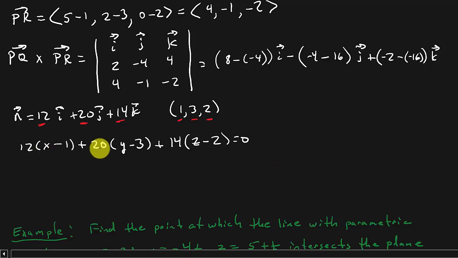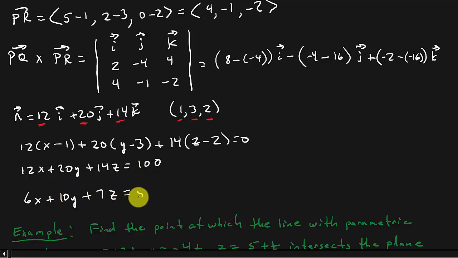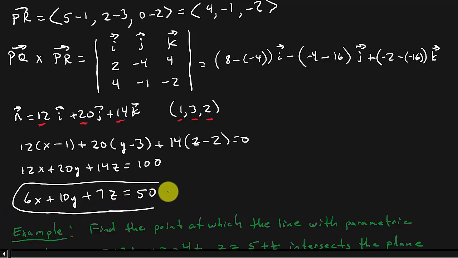You can distribute, combine like terms, and that's going to end up leaving me with 12x plus 20y plus 14z equals 100. And so 6x plus 10y plus 7z equals 50. I just divided everything by 2. 2 went into everything. And so there's your equation of the plane.